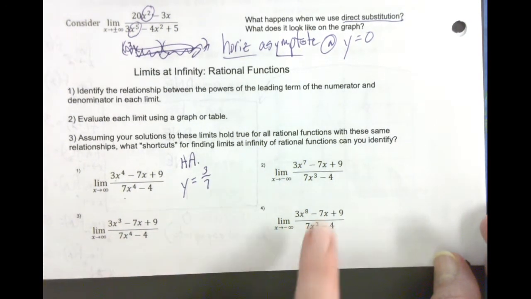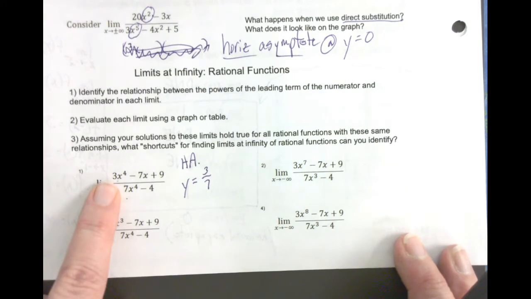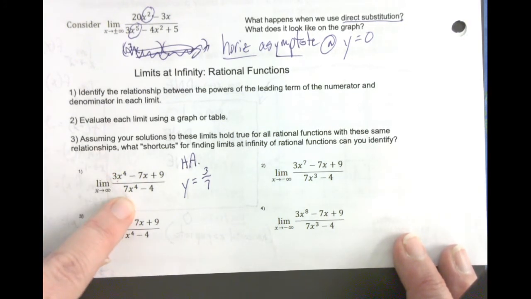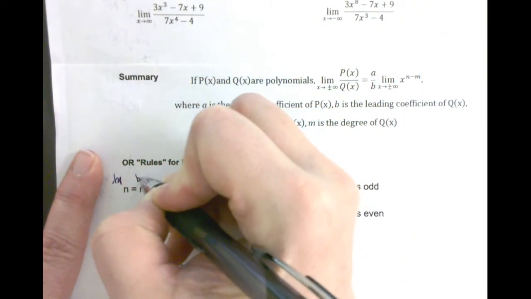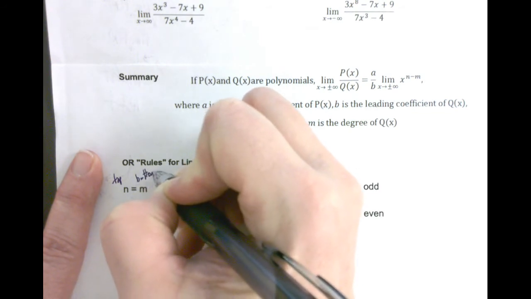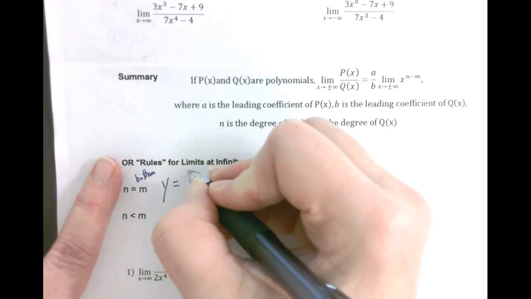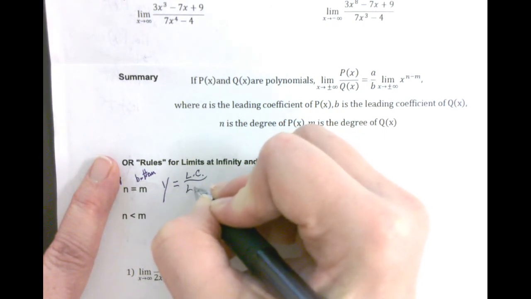We do leading coefficient over leading coefficient when the degrees match. And by the way, if you want to make a note of that, if the top degree equals the bottom degree, then your asymptote is y equals the leading coefficient over the leading coefficient.